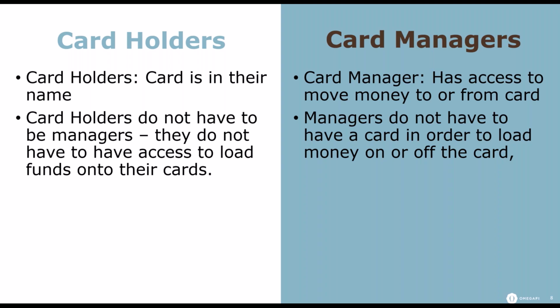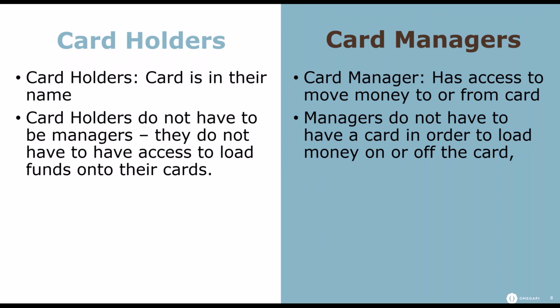So not every card holder has to be a card manager, and not every card manager has to have a card. So you can have multiple officers or advisors that are managers. They could be the president, the treasurer, and the chapter advisor who have access to load money on or update those cards within Vault.